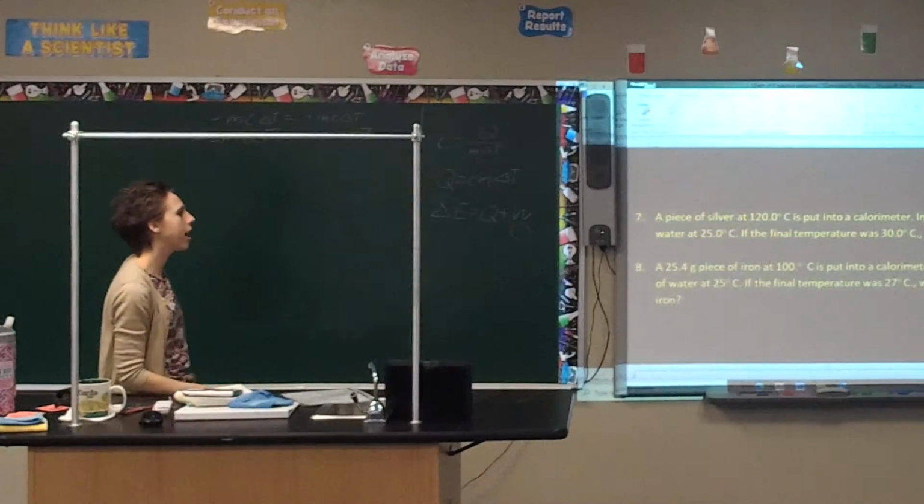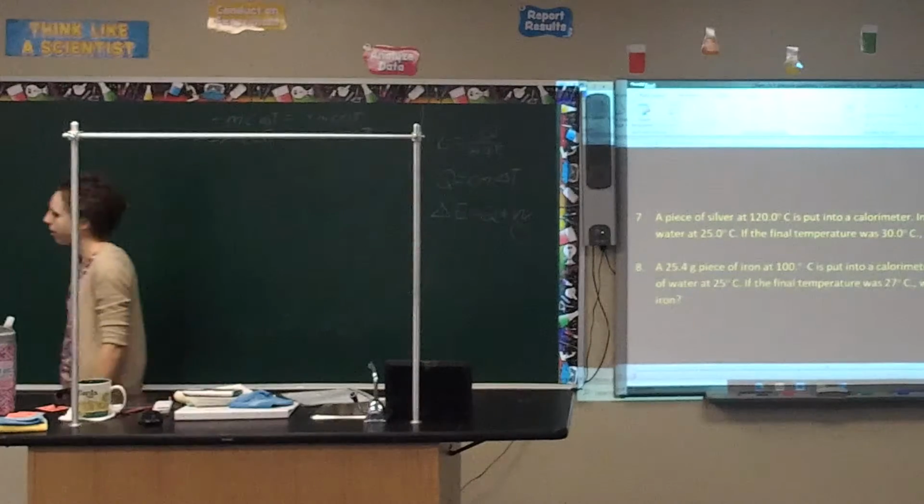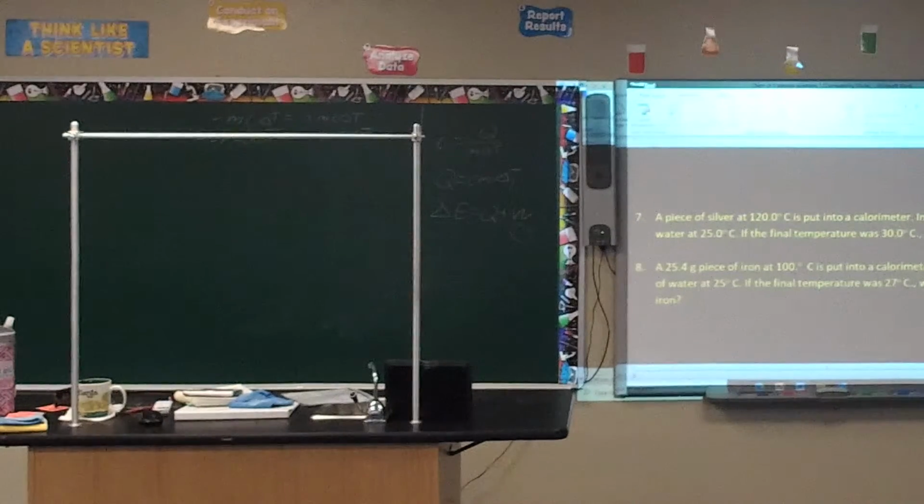A piece of silver at 120 degrees Celsius is put into a calorimeter. Inside the calorimeter, well, let me pull that back out then. Nope, I'm going to have to zoom out a little bit.